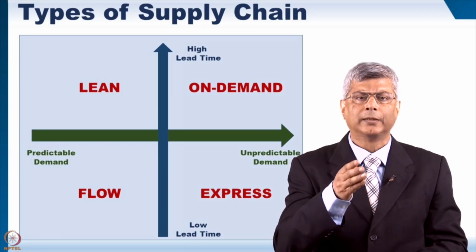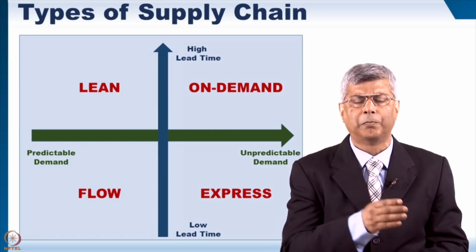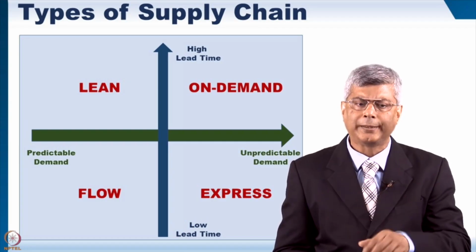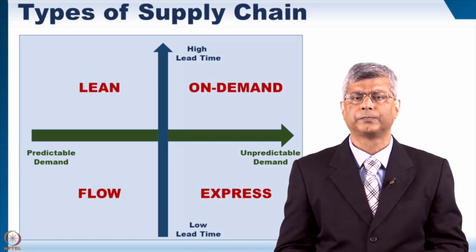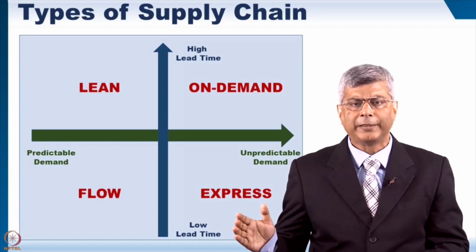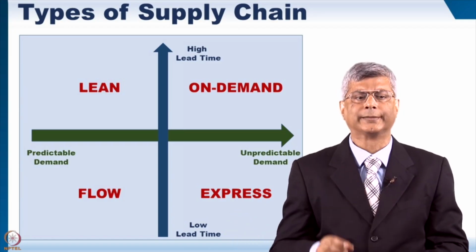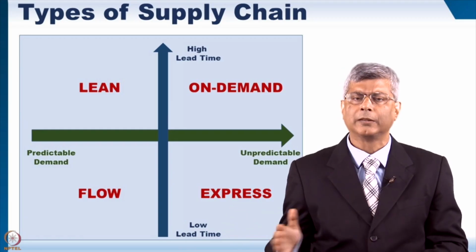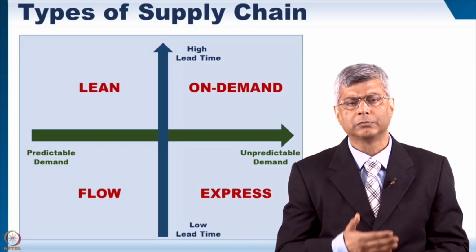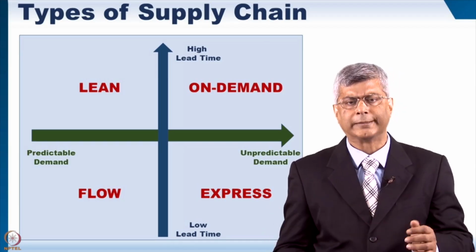Let's start with the left bottom side. So that's a low lead time, but it's a predictable demand. So it could be just oil and gas. So it's predictable demand and it's being produced continuously.